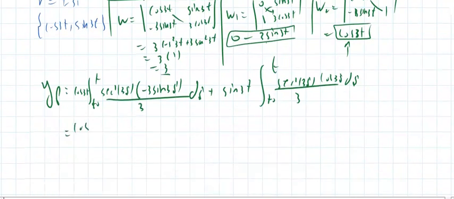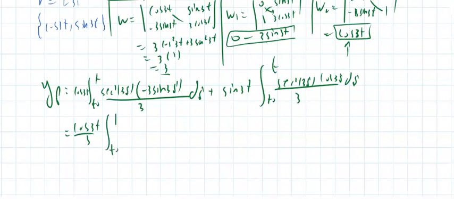Well, let's see if we can clean this up just a bit. So that's going to be the cosine of 3t over 3, the integral from t naught to t. That negative, oh, this cancels out. So it's just negative. And secant squared, isn't secant squared 1 over cosine squared?